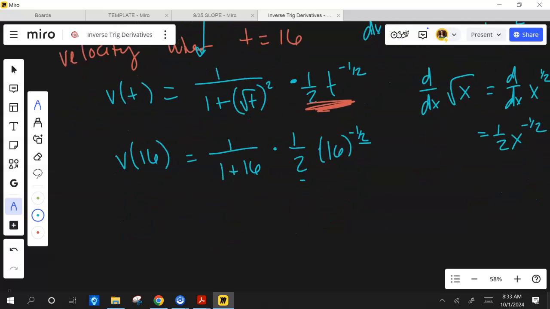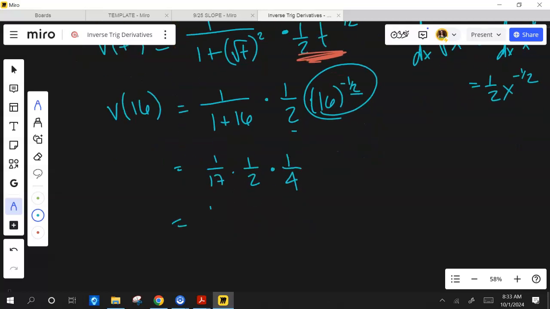All right, now I'm just simplifying. 1/17 times 1/2 times what is 16 to the negative 1/2? 16 to the negative 1/2 would be 1 over the square root.